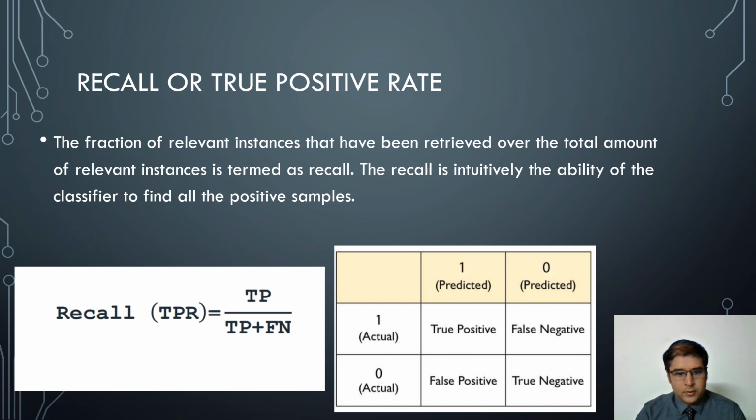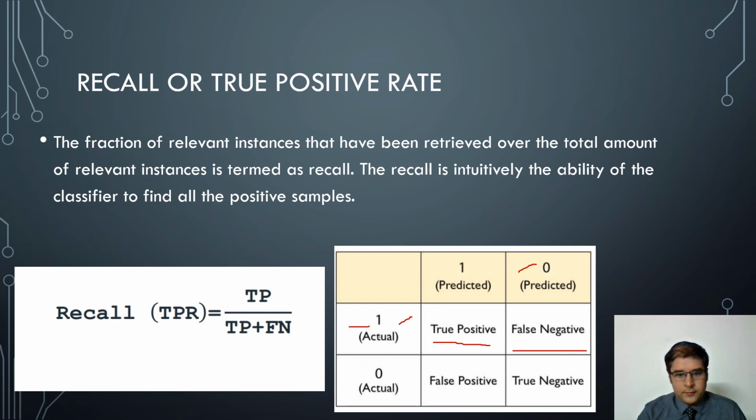So true positives is this one. And false negatives is when we have identified a true value as false, so that is false negative. But actually false negatives also come under relevant instances, because relevant means the value 1.